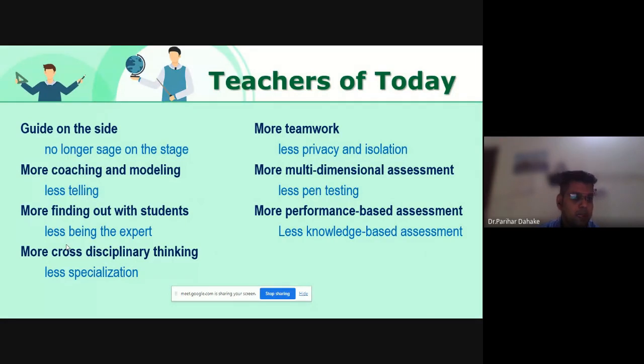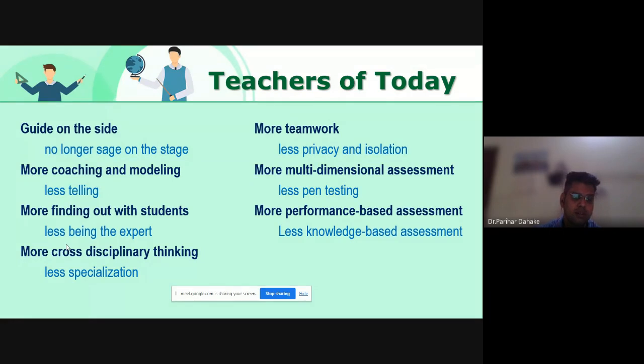Whenever you want to make students aware about a concept, whenever you want to make them understand, you need to guide them from the side. You need to come up with more explorative knowledge. But we sometimes no longer leave the stage. We have to focus on more coaching and modeling.